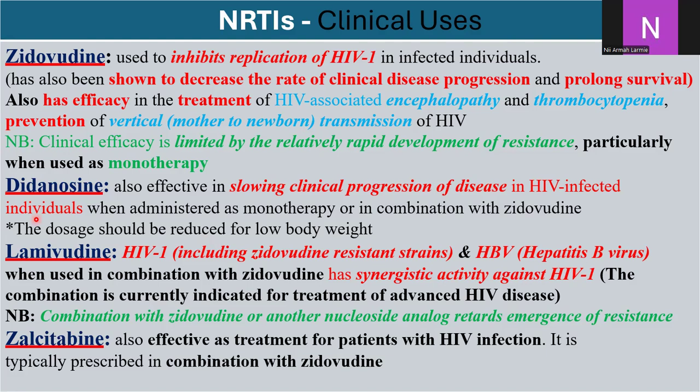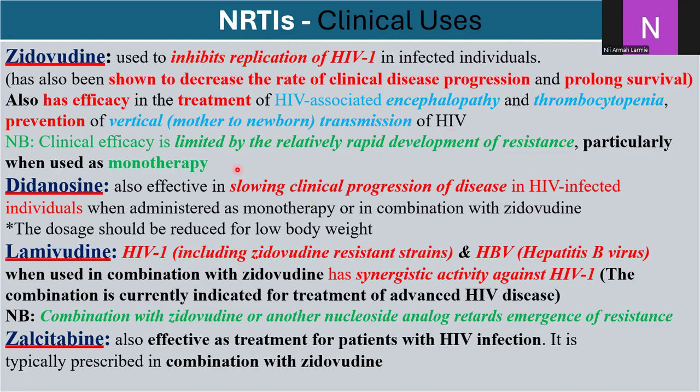Didanosine, which we don't normally use in Ghana here, is also effective in slowing clinical progression of the disease in HIV-infected individuals. It should not be administered as a monotherapy, even though we could use it, but we don't encourage that. Again, like I said, for HIV, we don't encourage monotherapy in any way.